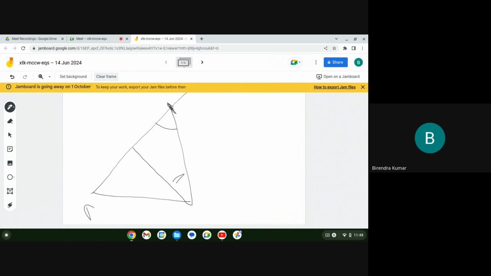Wherever it cuts, that is your triangle. You made this angle the same, so wherever it cuts this line, that is your triangle ABC. Because this side and this side are the same, and this side plus this side is what we have drawn. So this side plus this side equals this one. This is how you will do it. This part is clear, right?